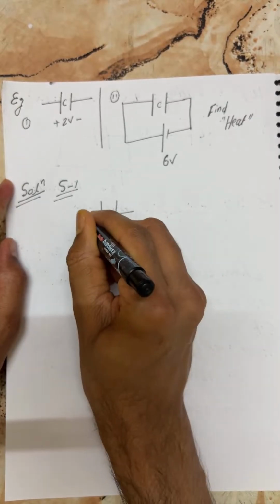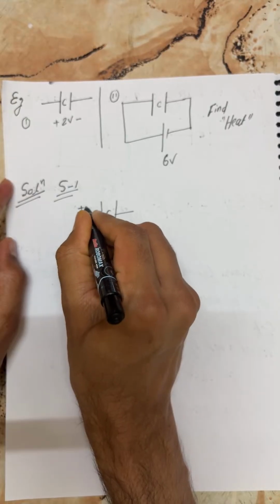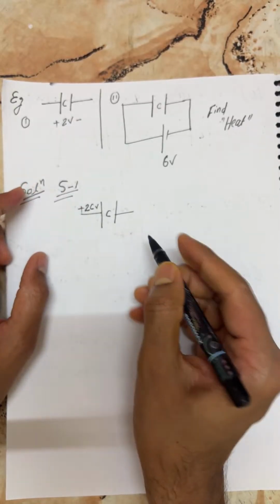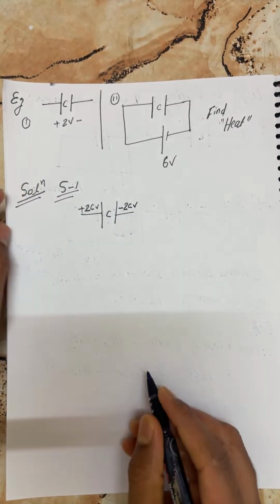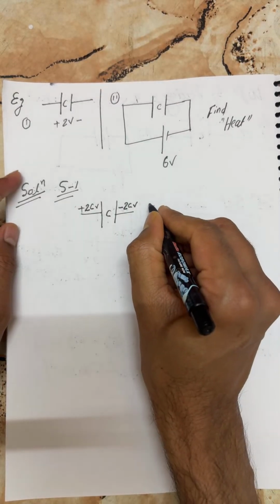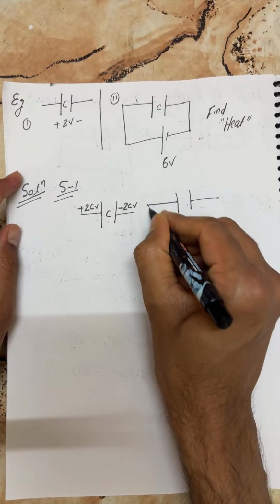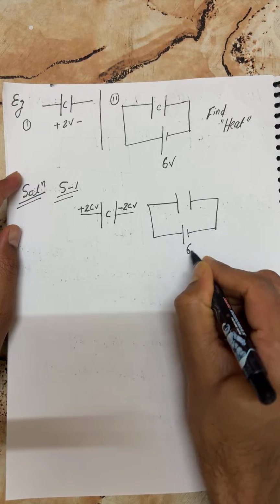this remains C. So charge you can write kids, this is plus 2 CV because it's positive here. Now you can say it's minus 2 CV. Similarly you can write the charge on the C capacitance. So this is what kids, 6 volt here.